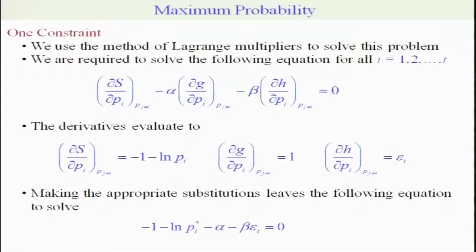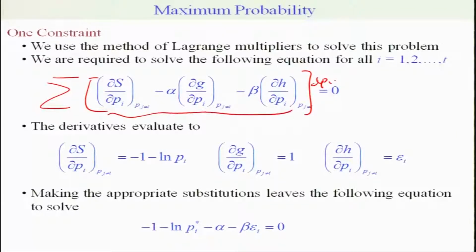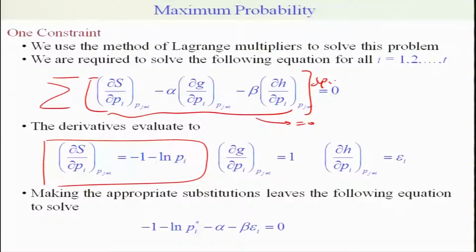So now we go back to the same expression of the Lagrangian multiplier here, and remember that for the Lagrangian multiplier, for each term we have written this, dpi. So this part must be 0. Now we have to find out the first derivatives of S, G and H. What is the first derivative of S, which will remain the same as we obtained for the case of no constraint, which will be simply -1 minus ln pi.